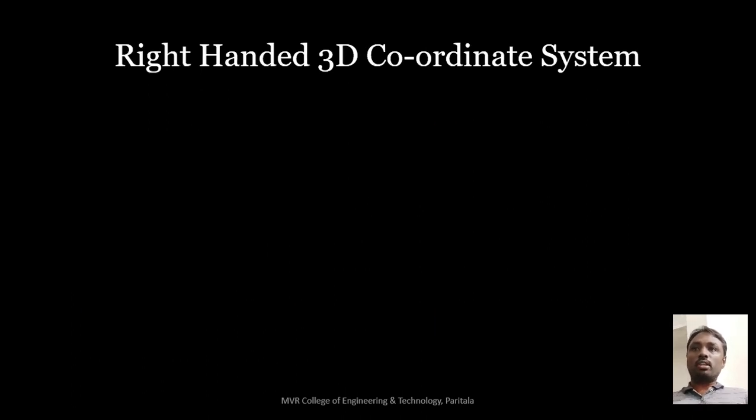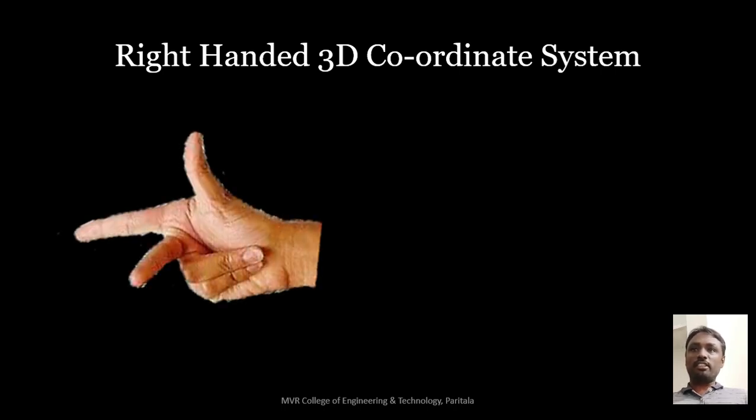Let us discuss the second one, the right-handed 3D coordinate system. Now we take our right hand. Thumb in the upward direction, forefinger to the left-hand direction, and middle finger to the face direction. The middle finger gives the direction of the x-axis, the forefinger gives the direction of the y-axis, and the thumb gives the direction of the z-axis.